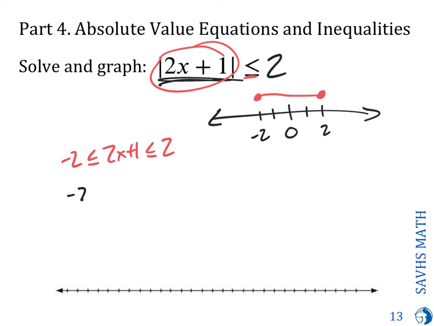So we can say negative 2 is less than or equal to 2x plus 1, and we can say and 2x plus 1 is less than or equal to 2. So let's solve for x.